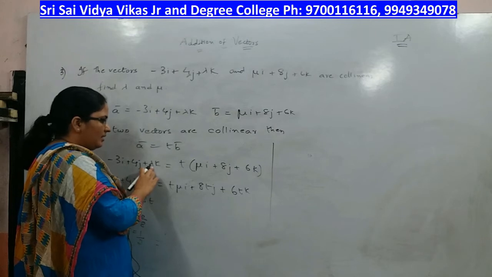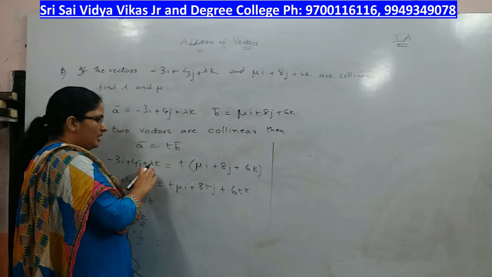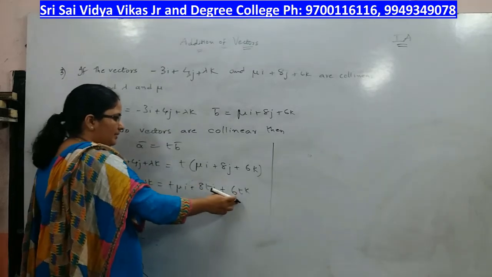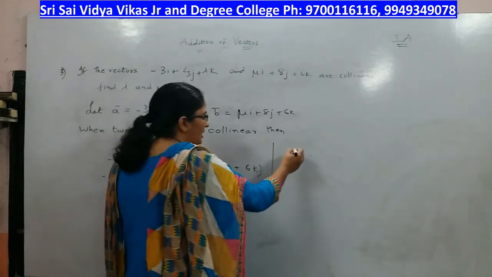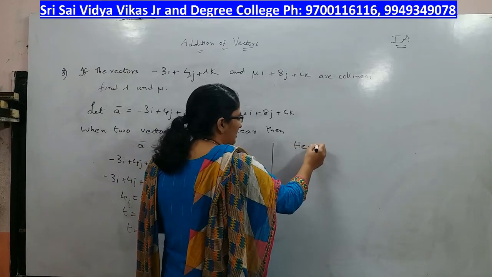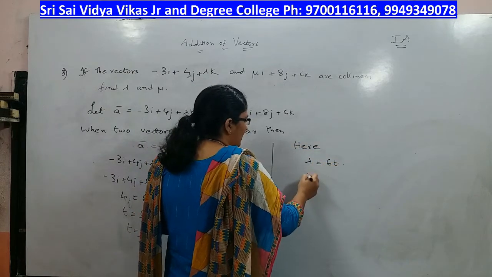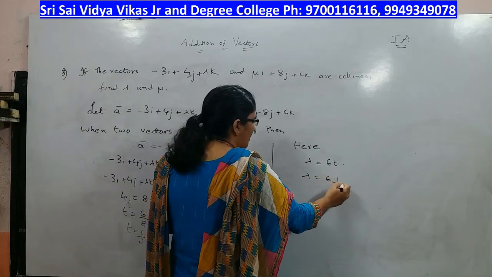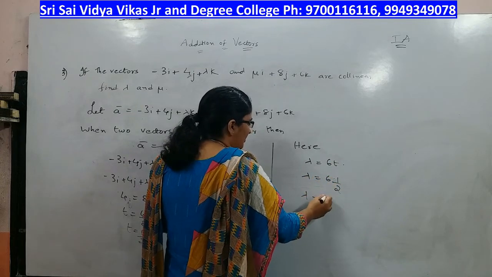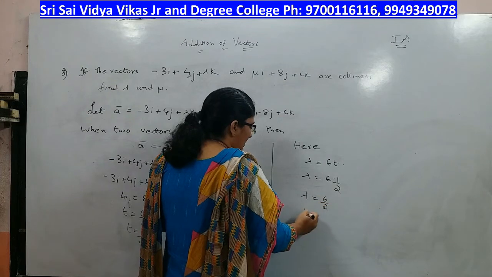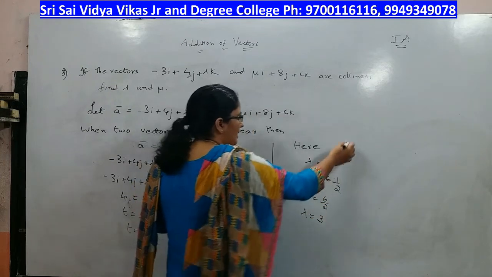Comparing the k terms, lambda is equal to 6T. Lambda is equal to 6 into 1 by 2, lambda is equal to 6 by 2. So lambda value is 3.